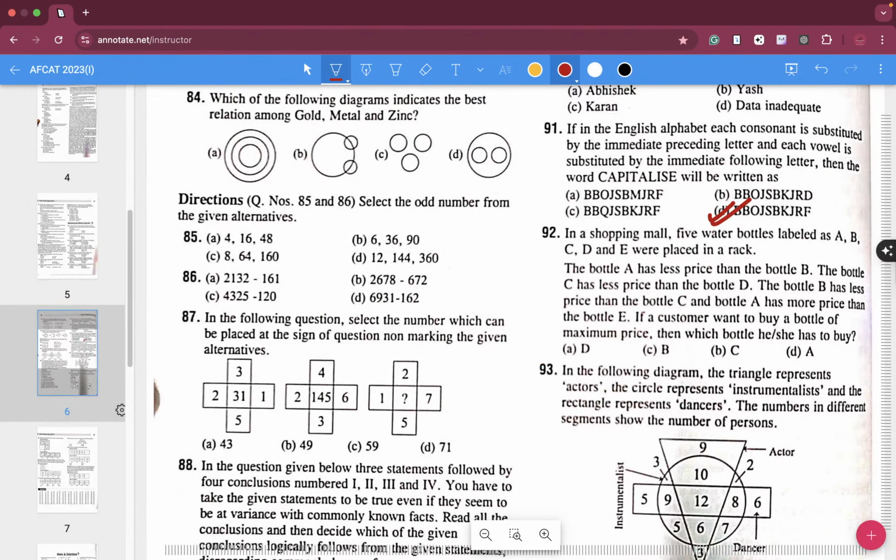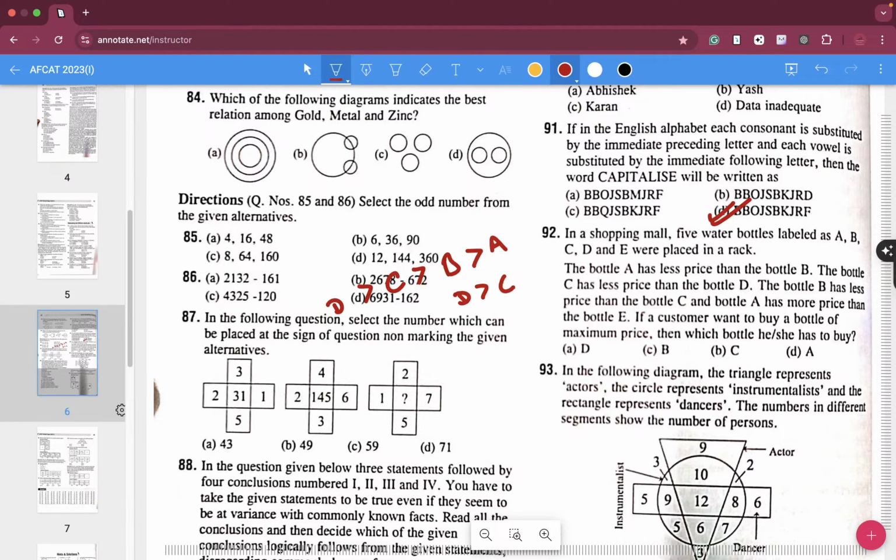In a shopping mall, 5 water bottles labeled A, B, C, D, E are placed. Bottle A has less price than B, so B has more price than A. The bottle C has less price than D. The bottle B has less price than bottle C. Obviously it will be something like this.